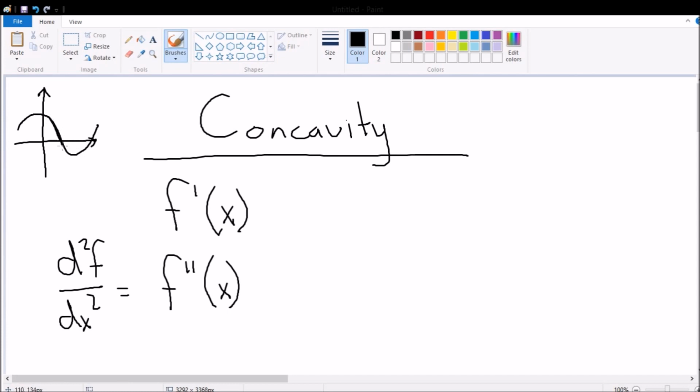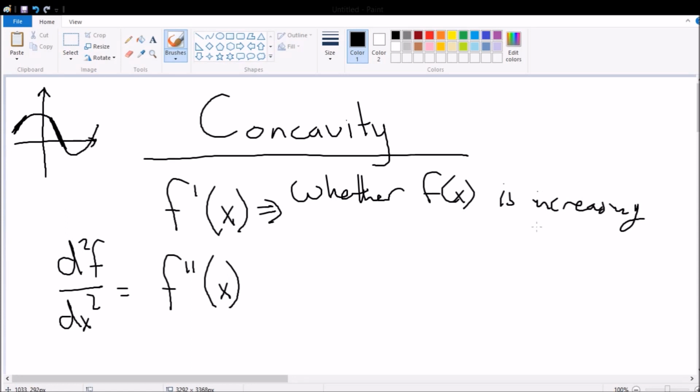So right on this area, we see that the function is decreasing. Right here, the function is increasing. So instead of writing slope right now, I'm going to write f prime of x describes whether f of x, the function, is increasing or decreasing.